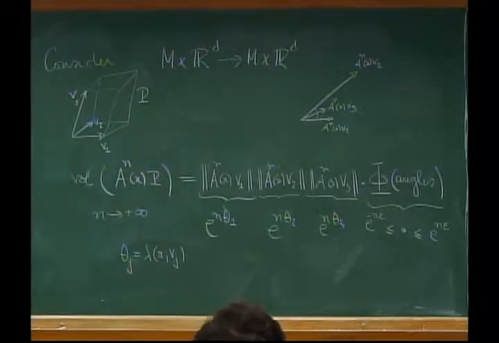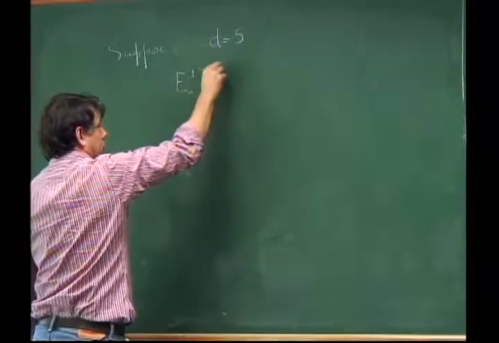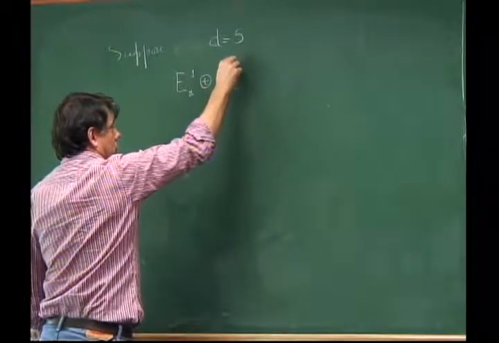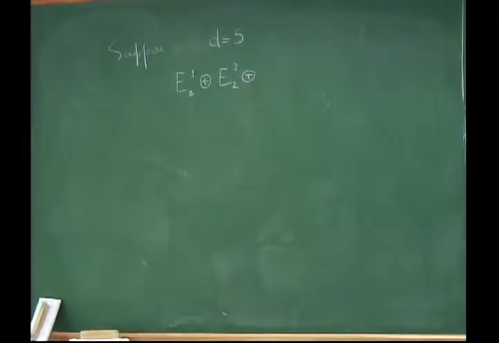Okay, let's make a concrete example. So, suppose we are in dimension 5, suppose d equals 5, and our decomposition is E_x^1 plus E_x^2 plus E_x^3, where I'm working in the invertible situation because otherwise it doesn't make sense to speak of angles.